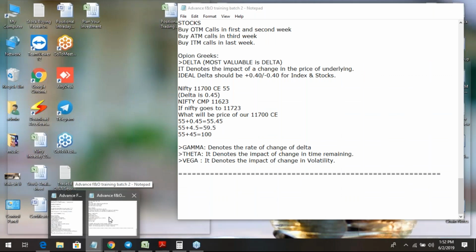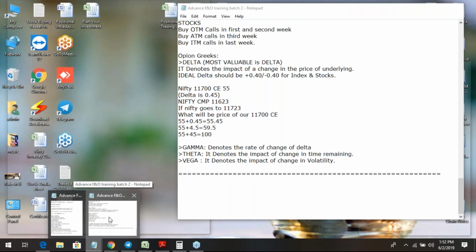So what is delta? What does delta denote actually? Delta denotes the impact of change in the price of underlying. It denotes the change in the price.